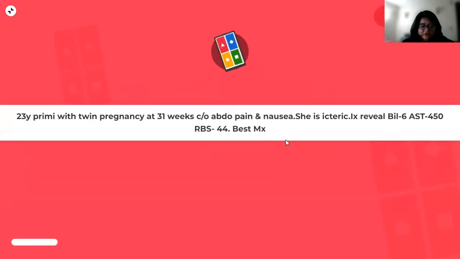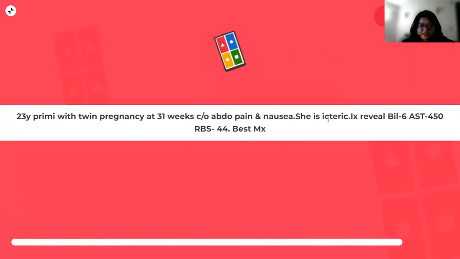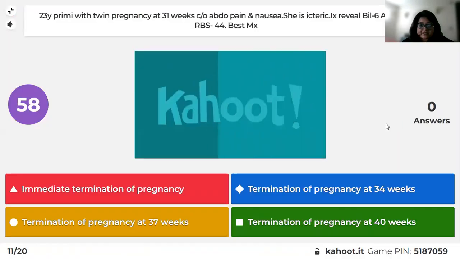Okay. Next question. 23-year-old with twin pregnancy, 31 weeks, complains of abdominal pain and nausea. She is icteric. Bilirubin is 6. AST is 450. RBS is 44. What is the best management? Twins, 31 weeks, pain, nausea, icterus, bilirubin and AST are raised, RBS is 44. What will you do?